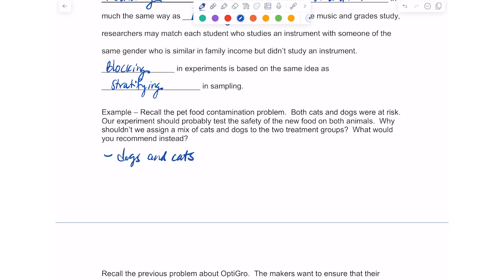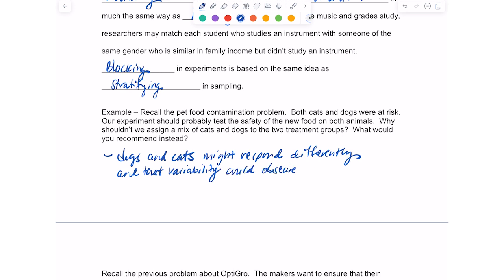So let's write that up here. Dogs and cats might respond differently and that variability could obscure the results.